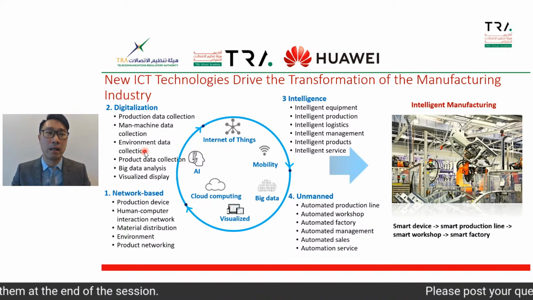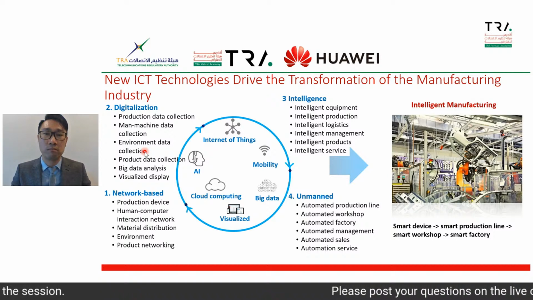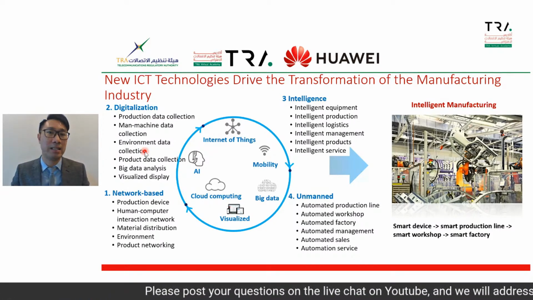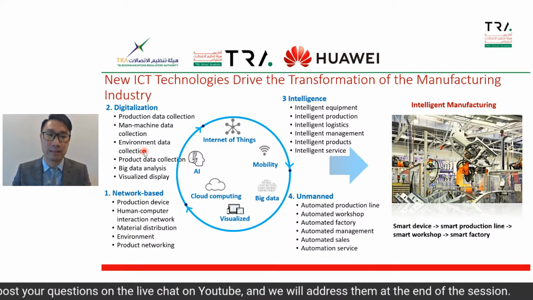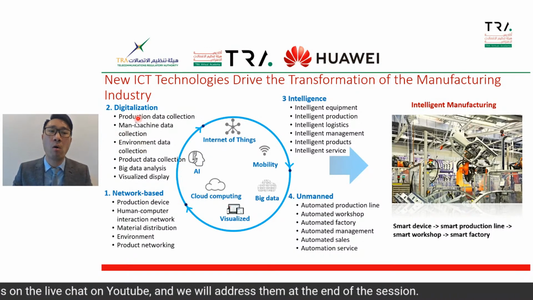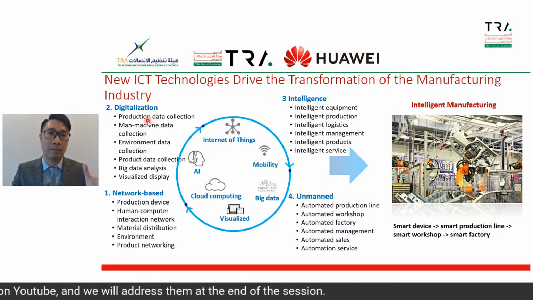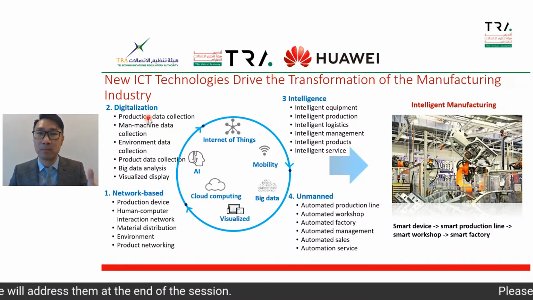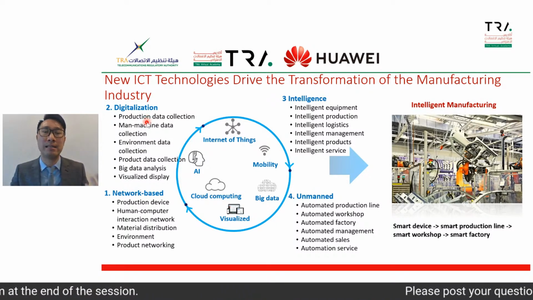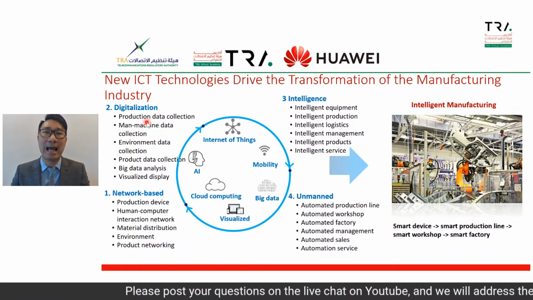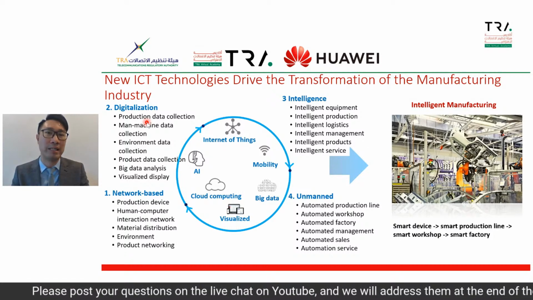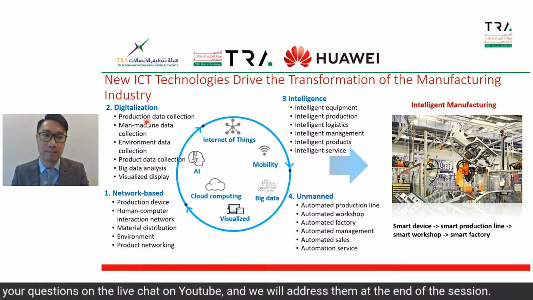If this kind of environment will impact your productions, you can also monitor this kind of input and how you can improve the process. And you can have all the data collected and visualized using the server. Everything will be put under the server, and the engineer can query the data very easily.